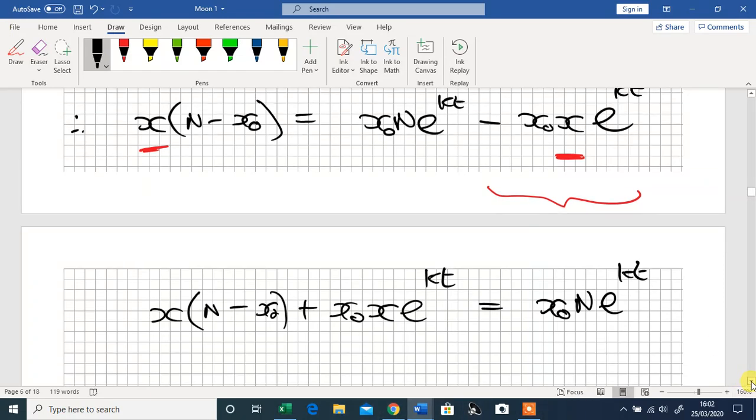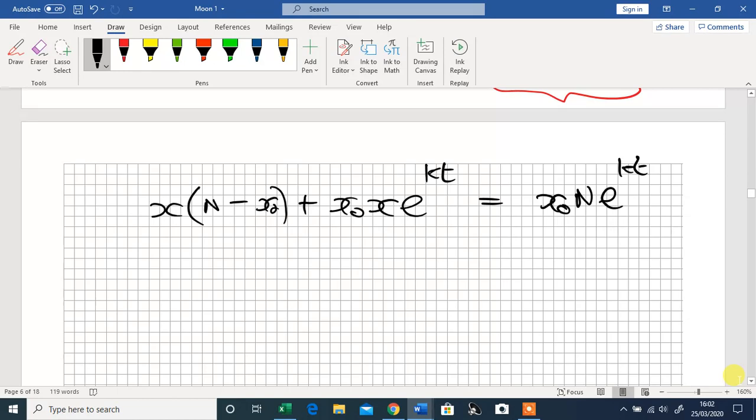Now what we do is we don't need to multiply this out by what's in the bracket. We can just leave that as it is and factor out the x from both terms. So we factor out this and we factor out that.